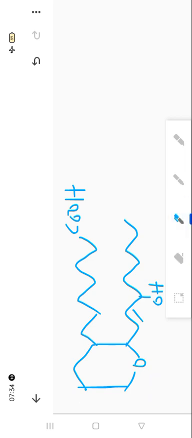So there is a fusion between this carbon here and this carbon here, and the fusion is formed by an oxygen. So this gives us the structure with this double bond here. This gives us a structure for thromboxane A2, but thromboxane A2 is highly unstable.